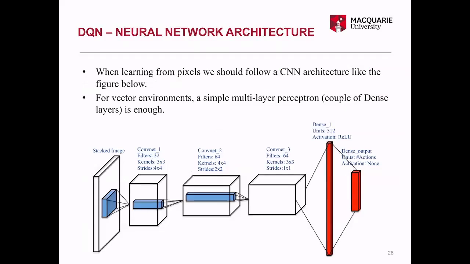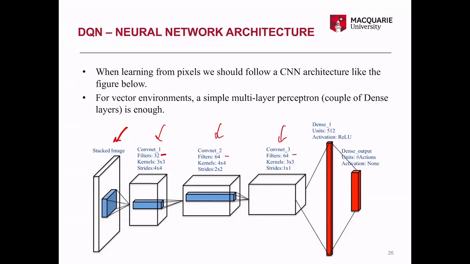Now, when learning from pixels, we should follow a CNN architecture like this figure. In vector environments, we just use a multi-layer perceptron, just one or two dense layers, and that's it. But this is the architecture they used in the original DQN paper. You can see that we have the stacked image here, 3 conv layers with different numbers of filters. Started with 32, then 64, another 64.